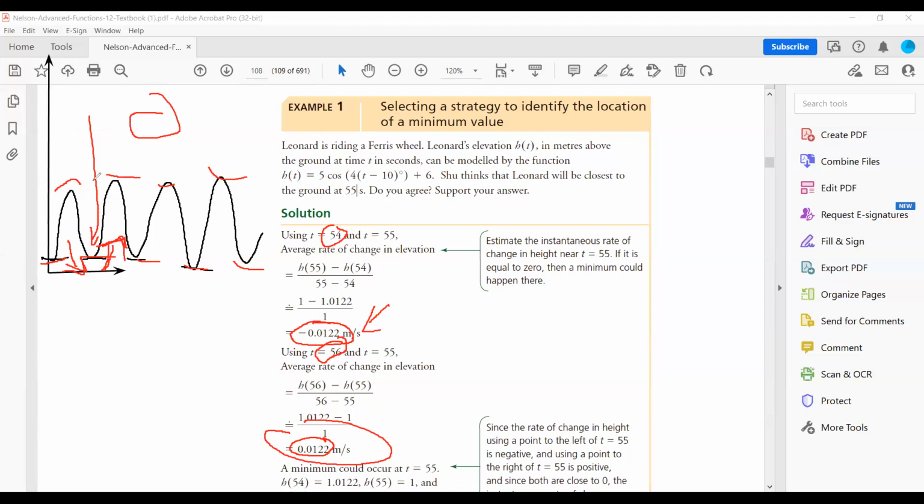It's not falling down below this point, it goes up after it. So if my first average rate of change to the left-hand side is negative, and the second one is positive, it means I was decreasing and then I'm increasing, so it's a local minimum. If my average rate of change would be first positive and then negative, it means it's a local maximum. So my function was growing, and after passing this point, it starts to decrease. Is that clear, guys?